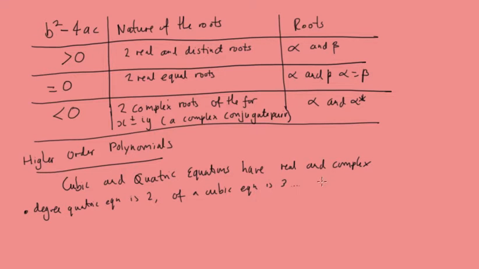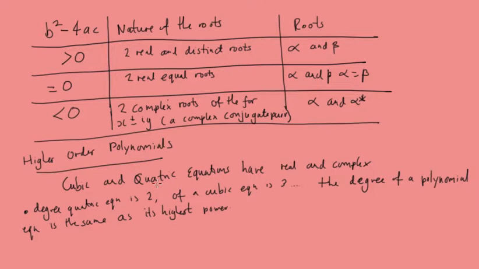So in general, the degree of any polynomial equation is the same as its highest power. So for a quartic equation that would be 4.